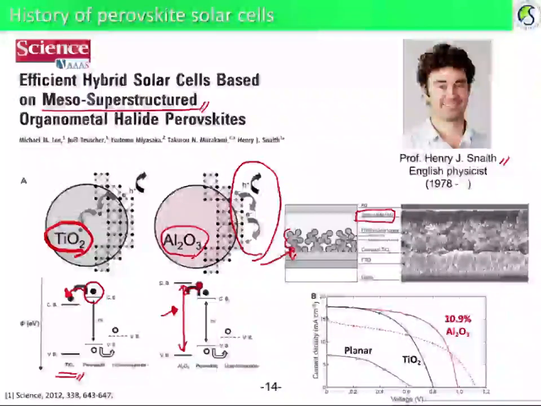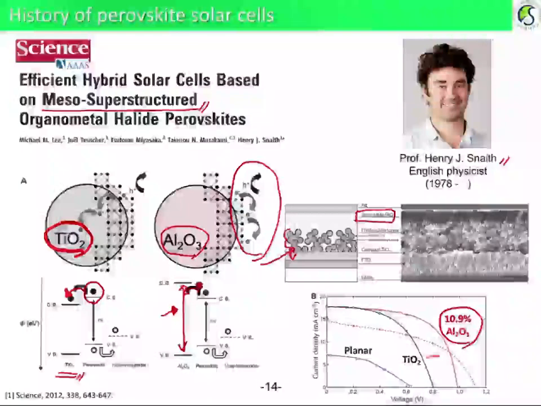And you can see that he achieved an efficiency as high as 10.9%. And because of the charge transporting property, he shows that the open circuit voltage of the device can be enhanced by using aluminum oxide.